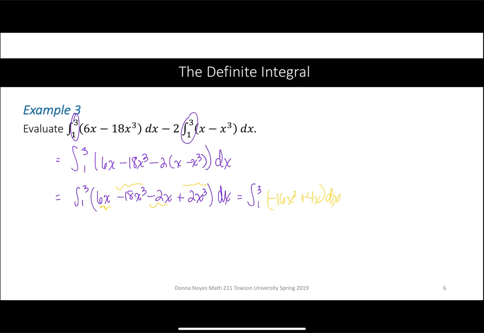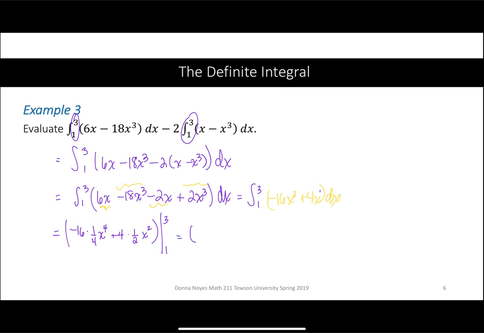Now when we want to find that integral, negative 16x cubed would have come from negative 16 times 1/4 x to the 4th, and then the 4x would be 4 times, well, that's x to the 1, so that came from an x squared, so it's 1/2 x squared. And this whole thing is being evaluated from x equals 1 to x equals 3.